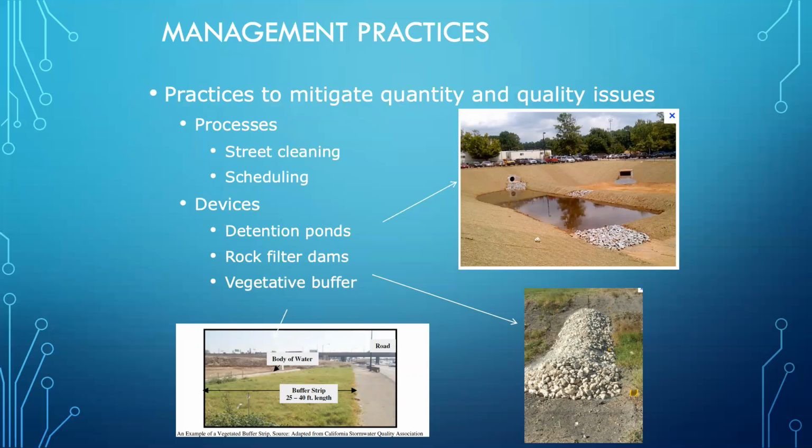So there's a photograph of a detention pond, brand new, ready to go into service. A rock filter dam, so the pile of rocks that we see in the roadside medians aren't just the construction company putting leftover rock down on the ground, making it look like they did it on purpose and getting paid for it. It actually has a purpose.